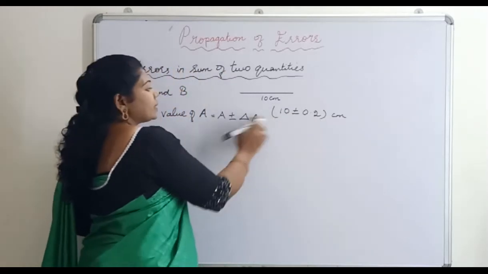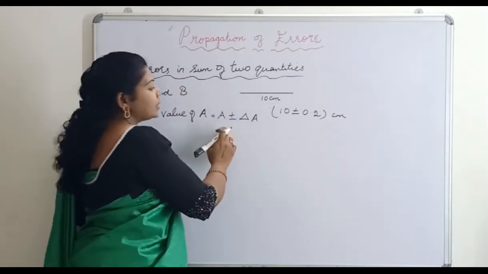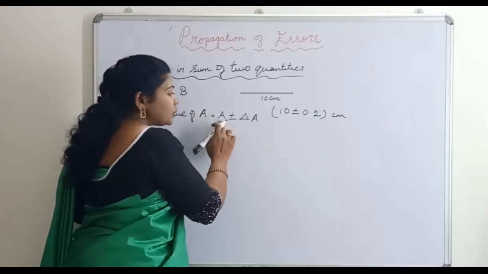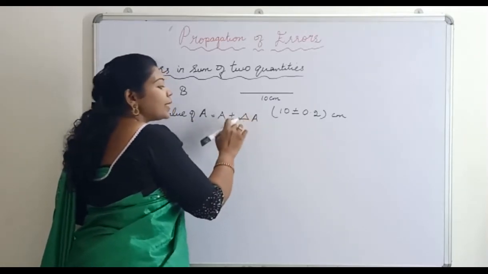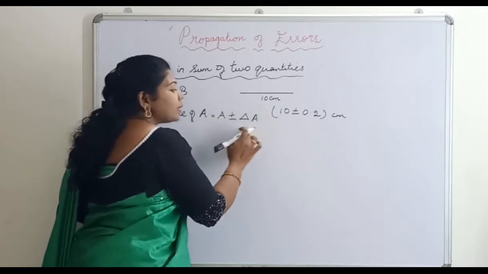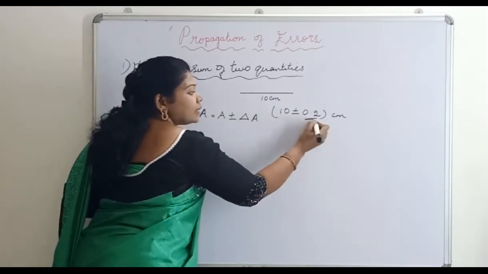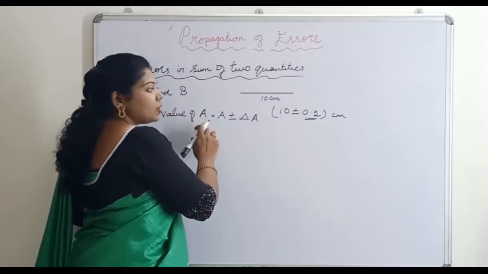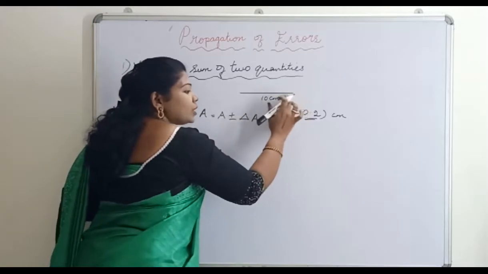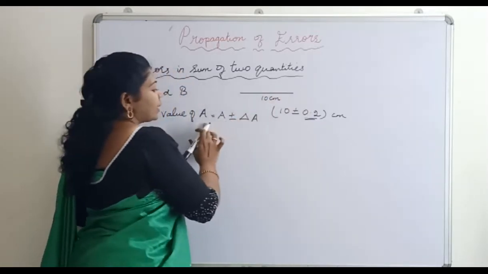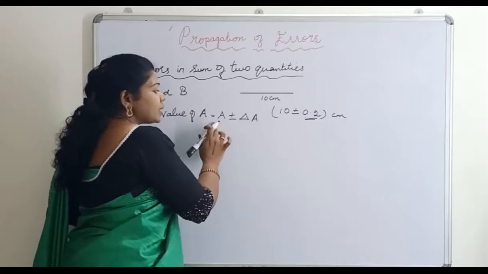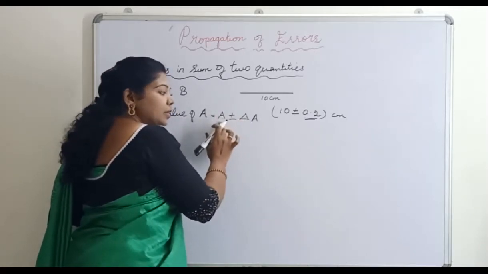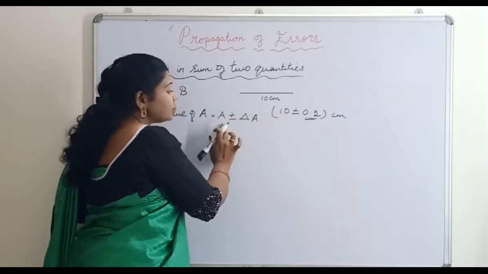So I am writing it in the same form. Here I have written the measured value of A is equal to the true value plus some error or minus some error. This plus or minus delta A, here it is 0.2 centimeter. So I can write the measured value of A, that is, the length of this wire, as A plus or minus delta A. That is, A means the true value is 10 centimeter.